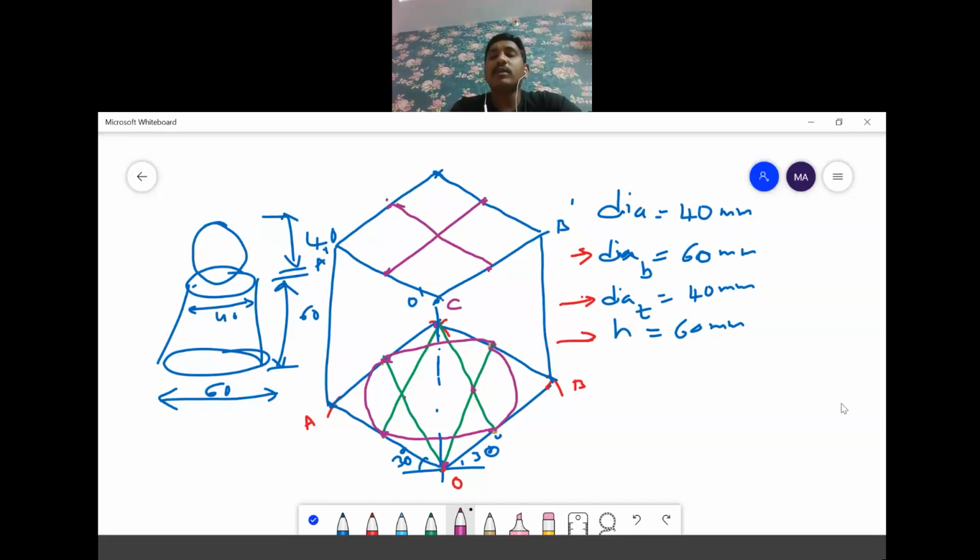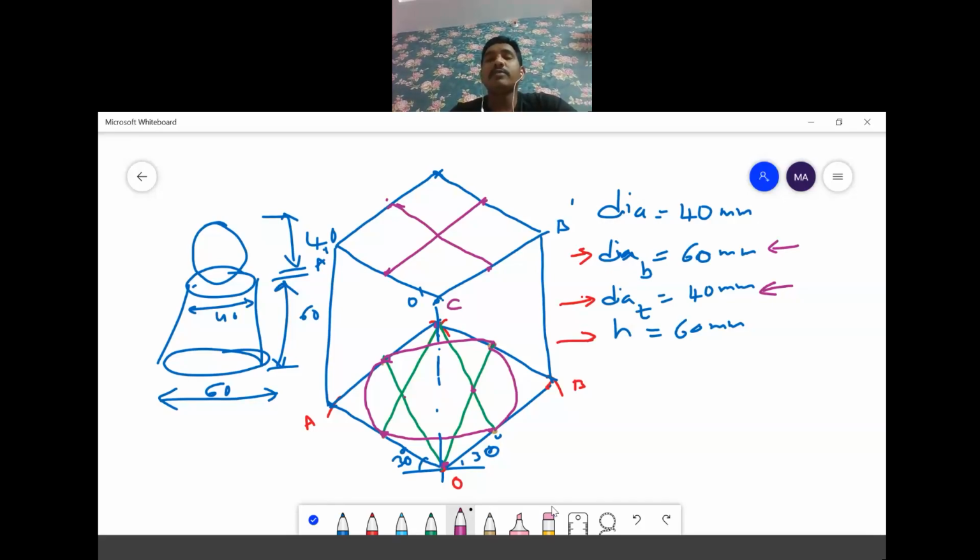Then here the total top diameter is 40. He has given a top diameter as 40 mm, but each side is 60 mm. I have to reduce this 60 mm side to 40 mm.